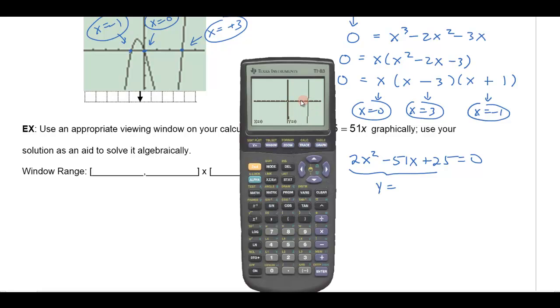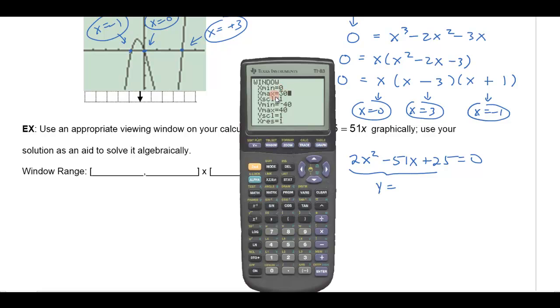So let me change my window here to go from, say, 0 in the x direction out to about, well, let's see how big that was. I'll zoom over, about 25, isn't it? So let me get a little better window. Let me go from, say, 0 to 30 here, and I'll show you an interesting trick.